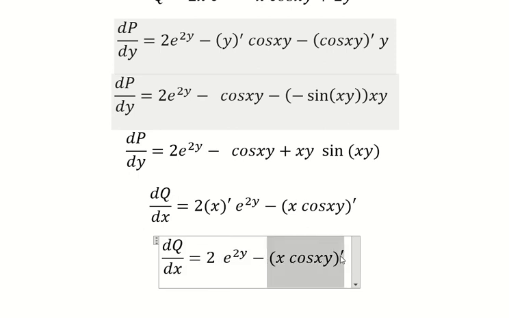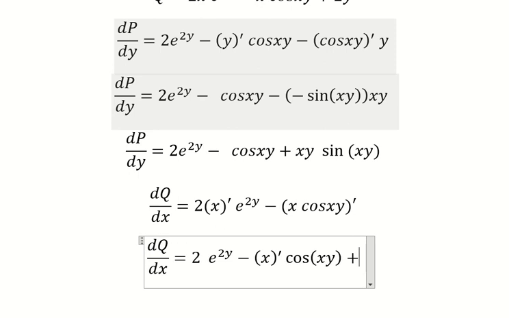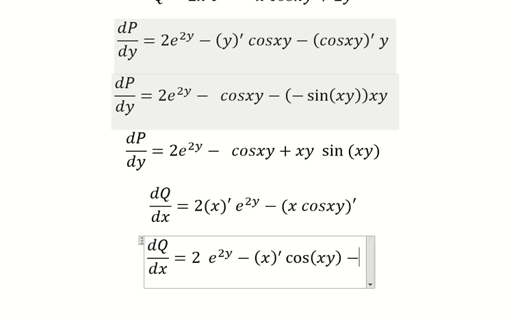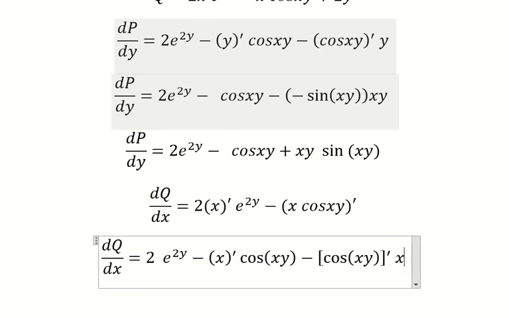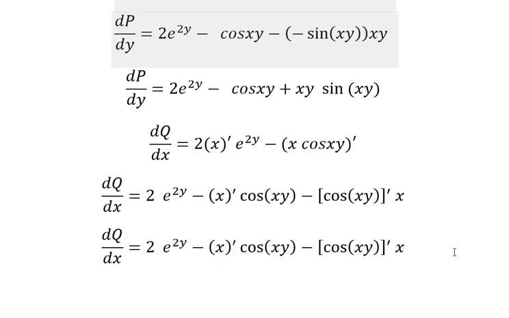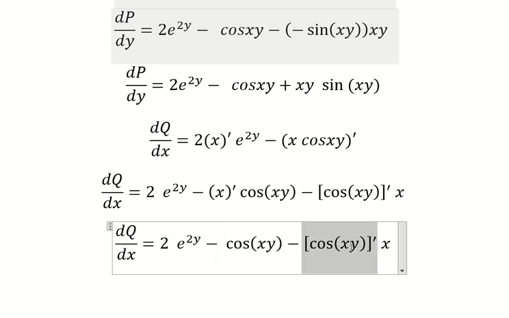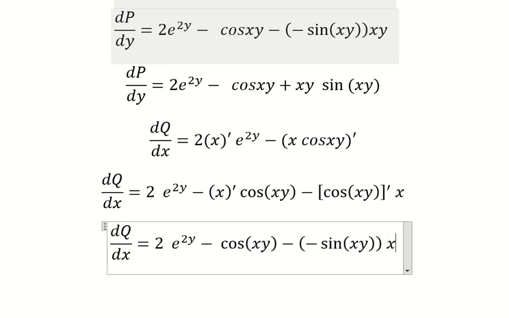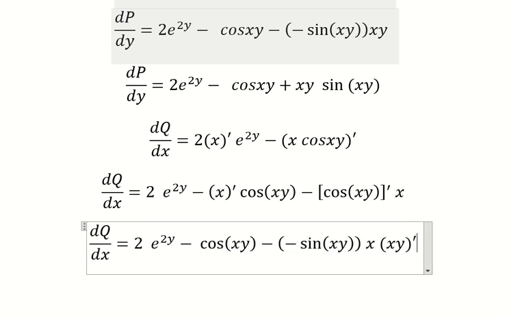This one, similarly we use the product rule in here. So this one, we have number 1. This one, we have negative sine of xy. Later that, we need to do first the derivative of xy.